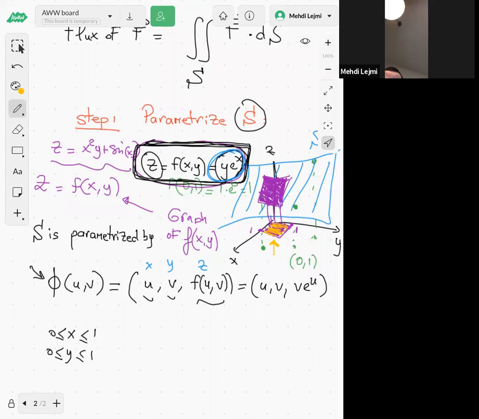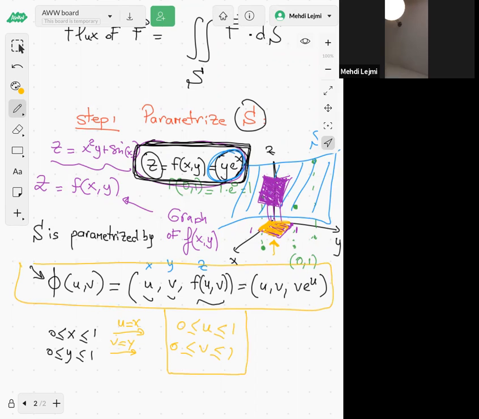But then x is u, so u is between 0 and 1, and v is between 0 and 1, because u is x and v is y. So this is my parameterization of my surface S, and this is the domain.